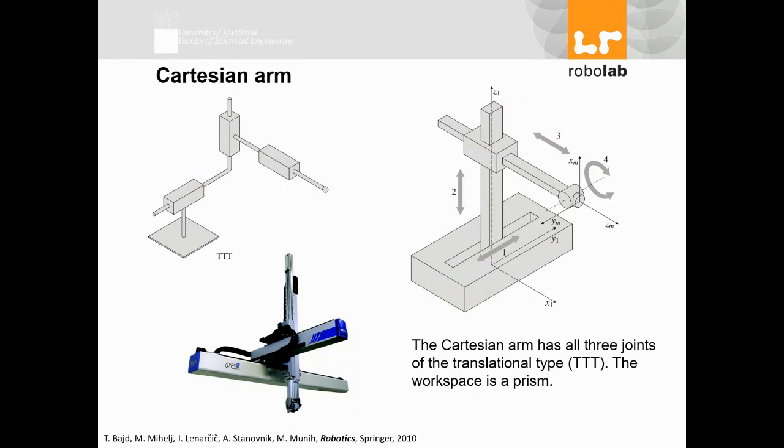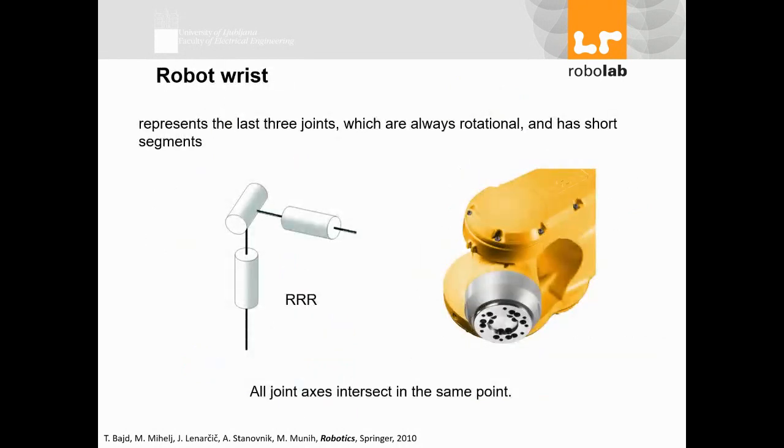Okay. Robot wrist. When it comes to the robot wrist, it is normally 3 degrees of freedom. Normally we have RRR, very similar, as I said, to our human wrist. You see, you have rotation in one direction.